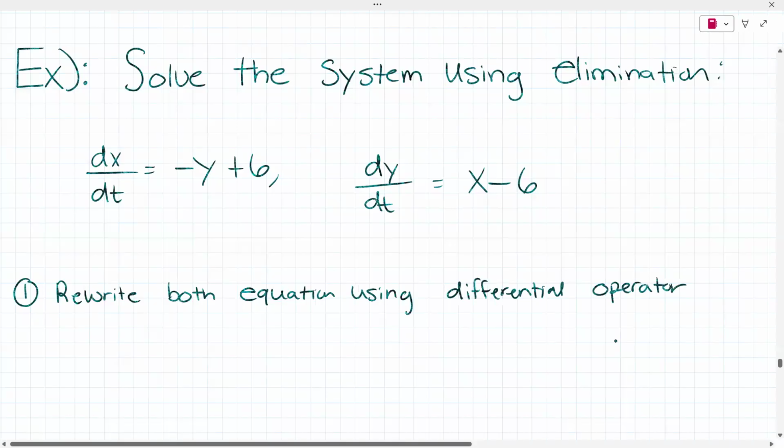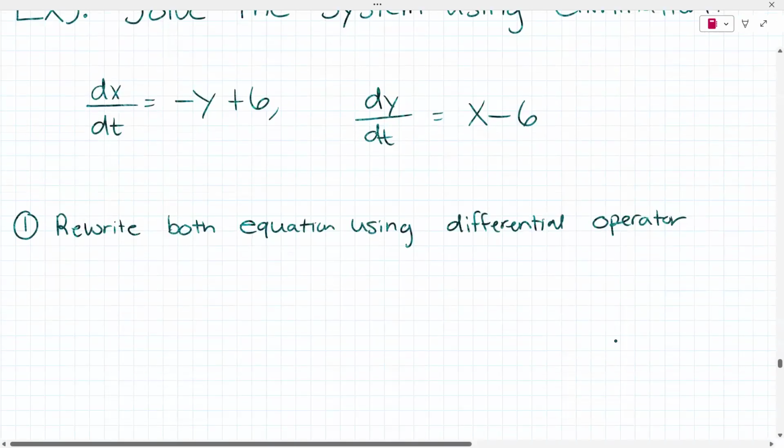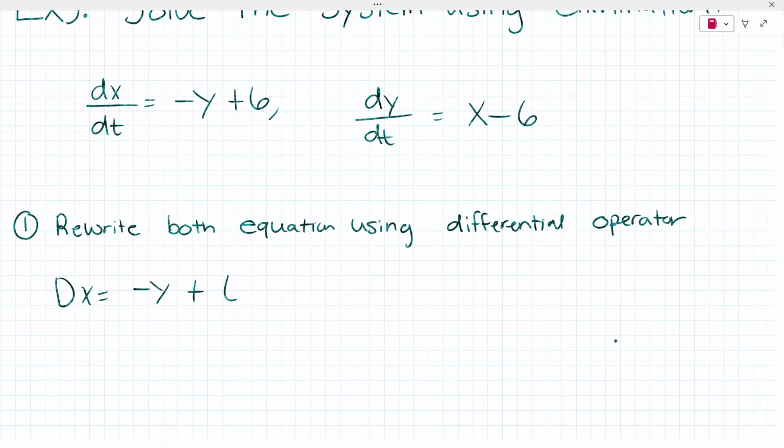Okay, so dx over dt is the same thing as Dx. So Dx is the same thing as negative y plus t.